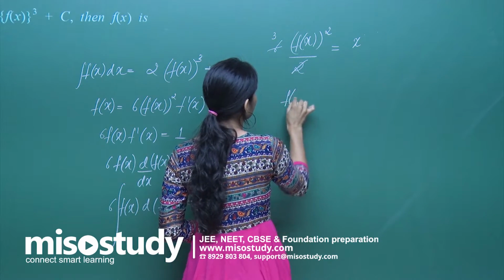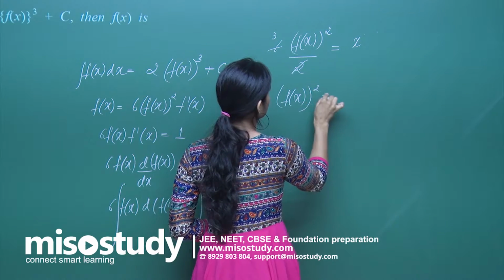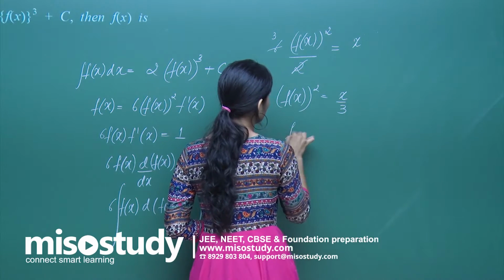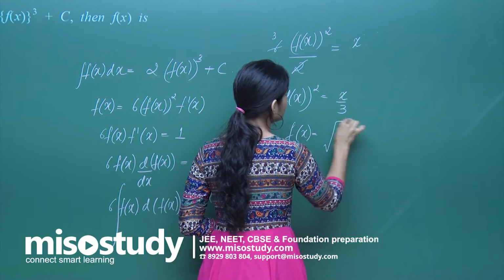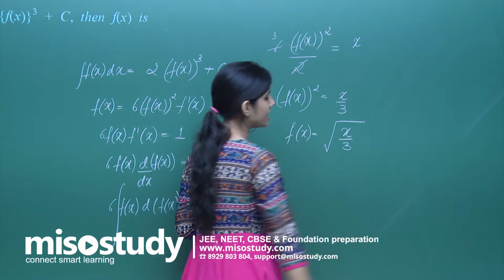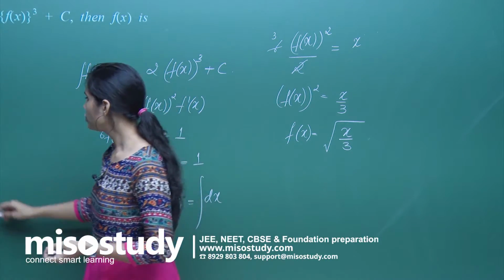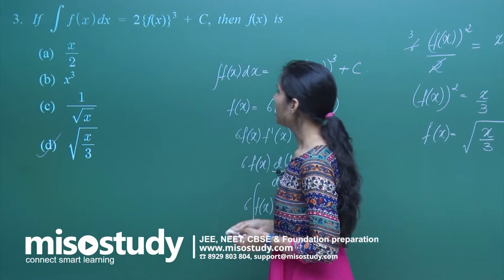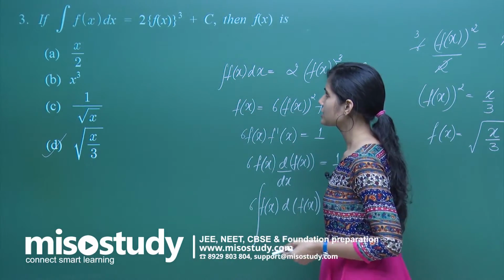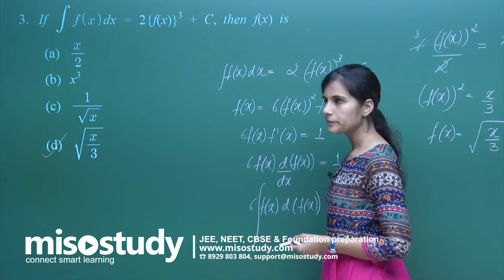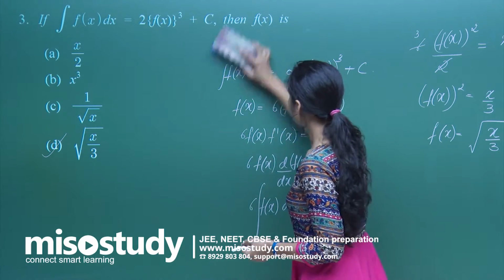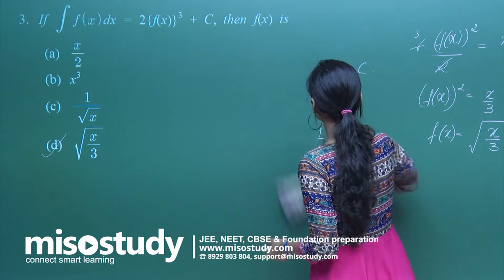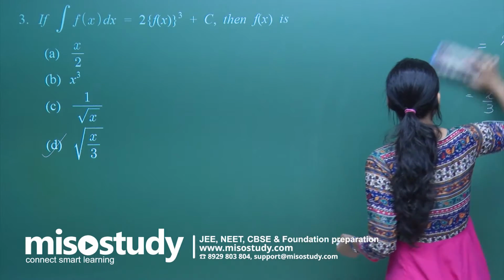You are left with f(x) whole square is x by 3. So f(x) you are having as under root x by 3. That is how you compute your f(x) when you have the information that integral f(x) dx is twice of f(x) whole cube. Now if I move towards the next question, let's see what that calls for.